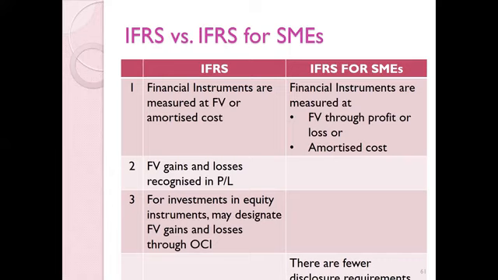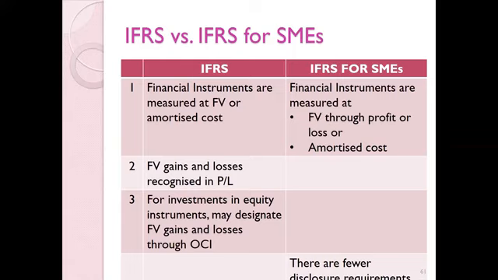So when looking at IFRS, your financial instruments are measured at fair value or amortized cost, whereas IFRS for SMEs, they only use two methods, fair value through profit or loss or amortized cost. So while for IFRS for financial assets, we have 4 categories, and financial liabilities, we have 2 categories. For IFRS for SMEs, it's just 2 categories, for financial assets and financial liabilities. They don't account for fair value through OCI at all.